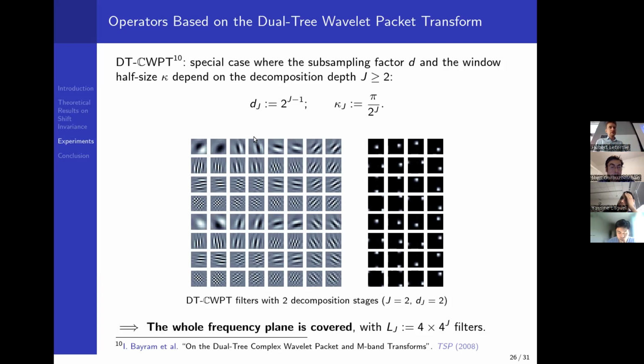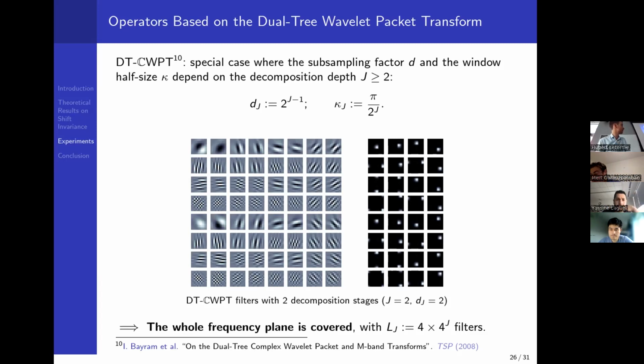So because of that, we can recover the input signal, the input image, from the dual tree feature maps. So in this example, I took an example with J equal to 2, so 2 levels of decomposition. In that case, input images are convolved with 32 discrete Gabor-like filters, with a window size of pi/4 and a subsampling factor of 2.